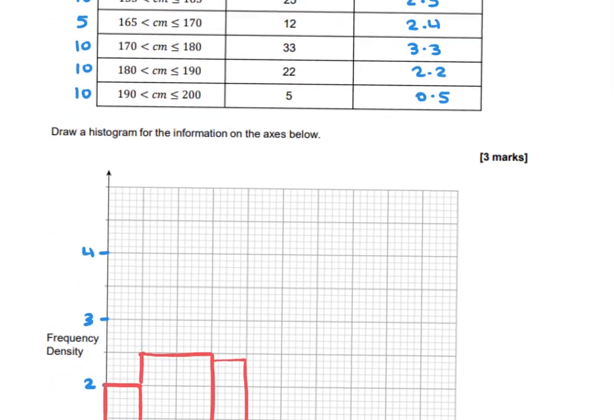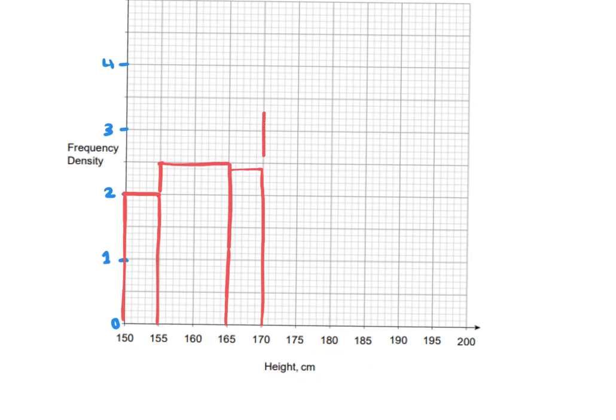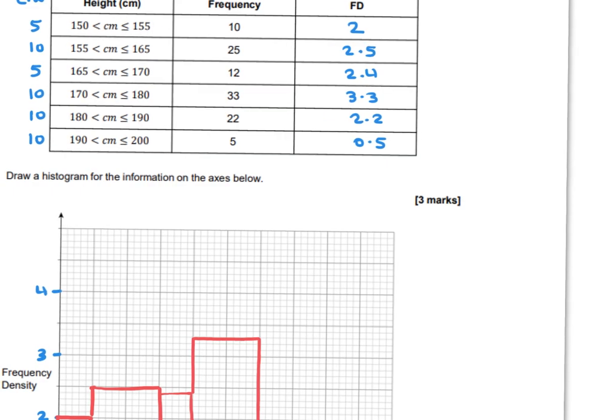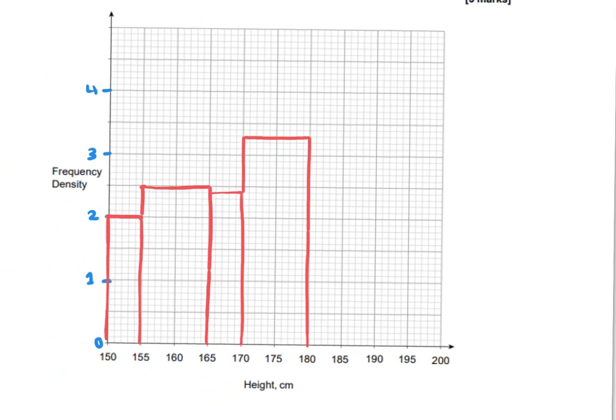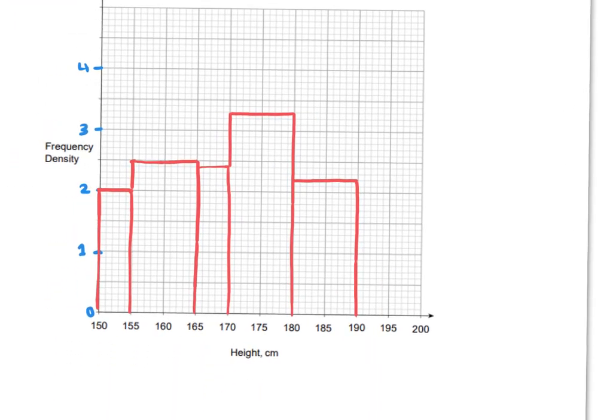Then 3.3 from 170 to 180, after 3 small squares. 2.2 from 180 to 190. 0.5 from 190 to 200. This is our histogram.